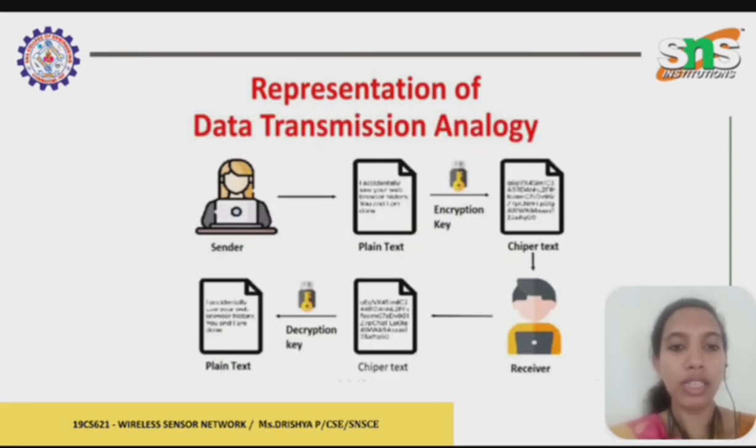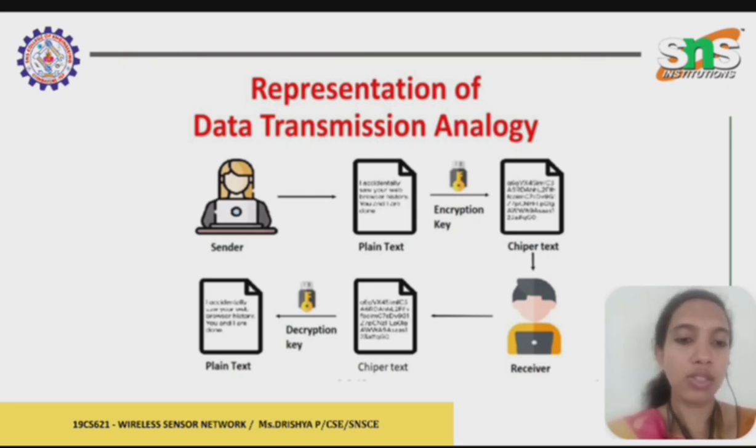Then this is a representation of data transmission analogy. This is already discussed, the same as plain text, encryption and decryption. First one is the sender. The sender sends a message to the receiver. In between there should be no attacker attacking our data. For that we use encryption, decryption and keys.